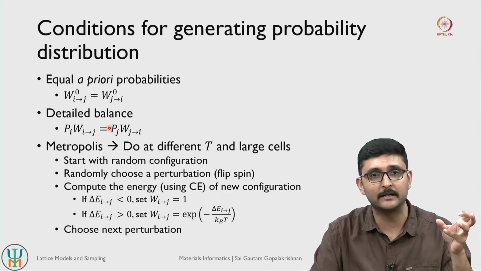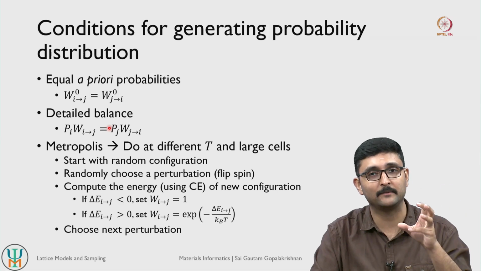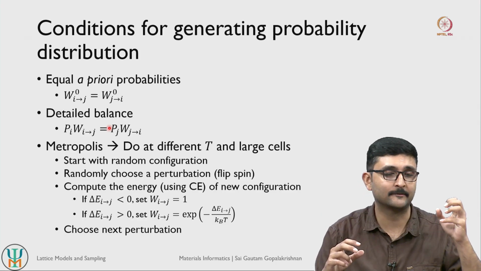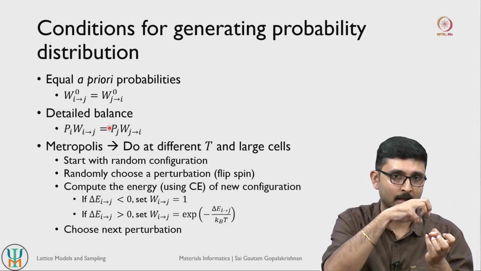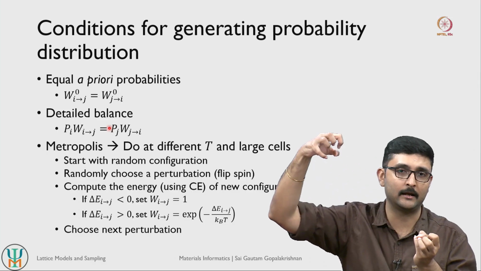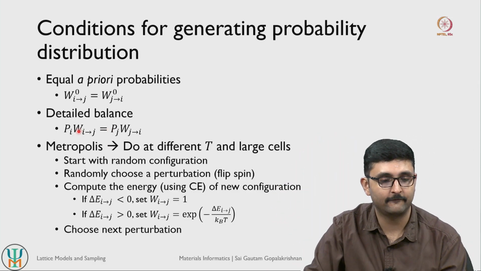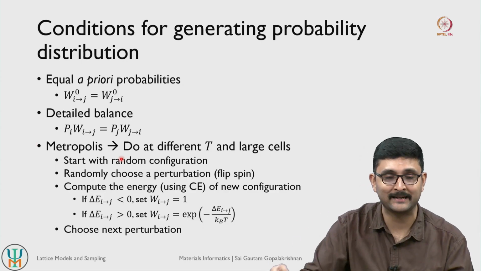The probabilities of the individual microstates multiplied by the rates of transitions will be equal, irrespective of whether you go along an uphill or a downhill direction, okay.